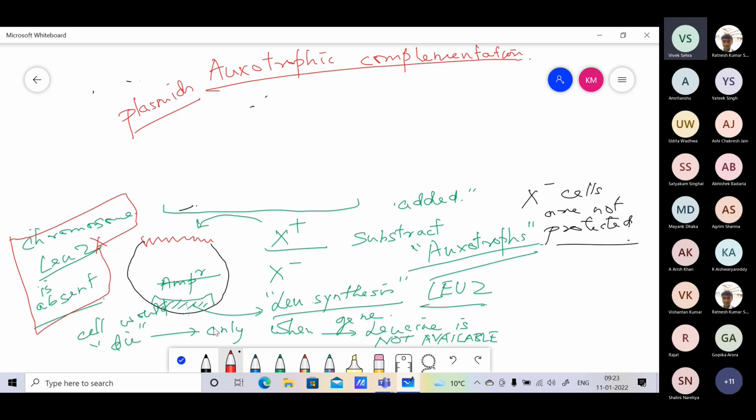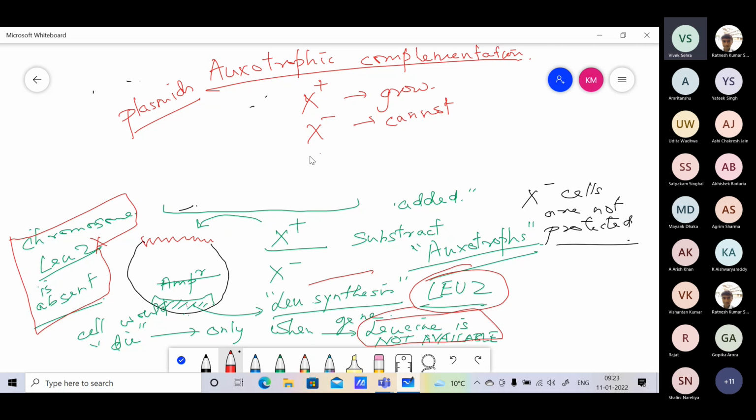So therefore, we have a situation where the X plus cells will be able to grow, and that is the whole idea of selection, and X minus cells cannot grow only when leucine is absent, or where leucine is not available.